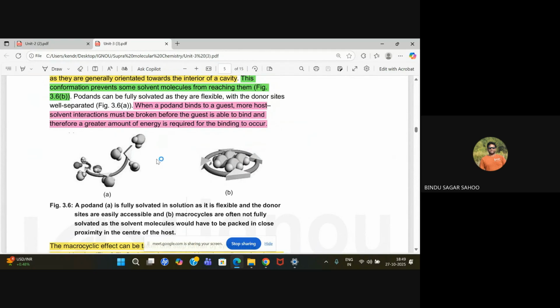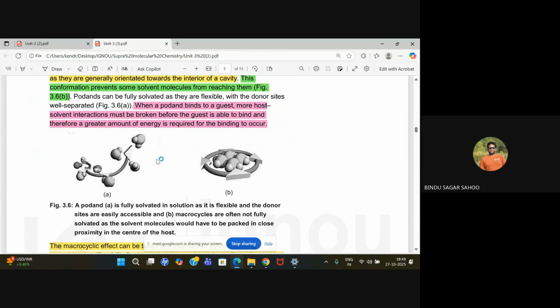If the host is more solvated before binding, we need much more energy to break those bonds. Out of the podant solvent and the macrocyclic solvent, the podant holds more solvent molecules. It will be more solvated.